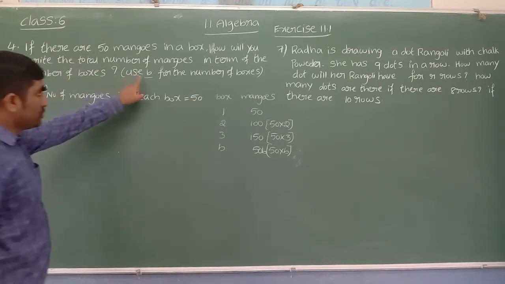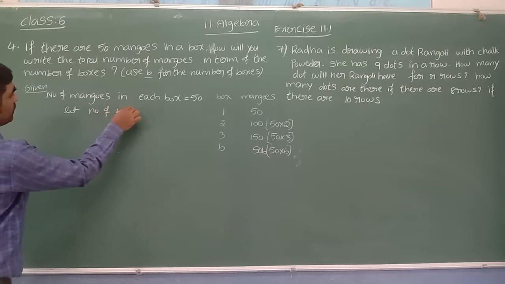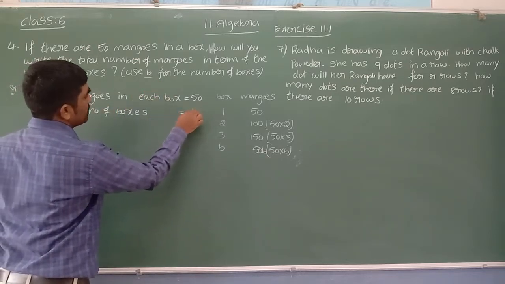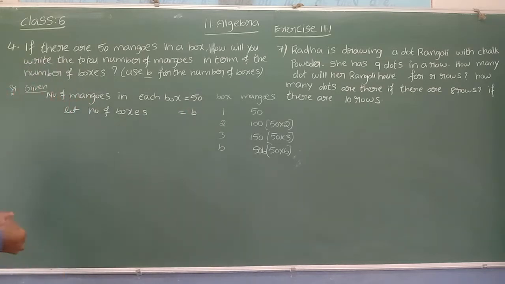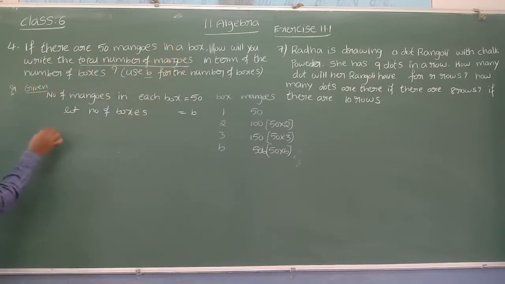And they said use B for the number of boxes. Let the number of boxes be B boxes. Then what do we have to find? How will you write the total number of mangoes? Yes, now we need to find the total number of mangoes.